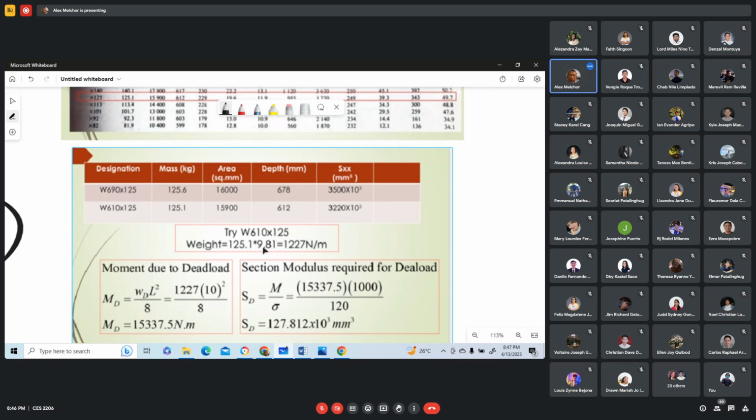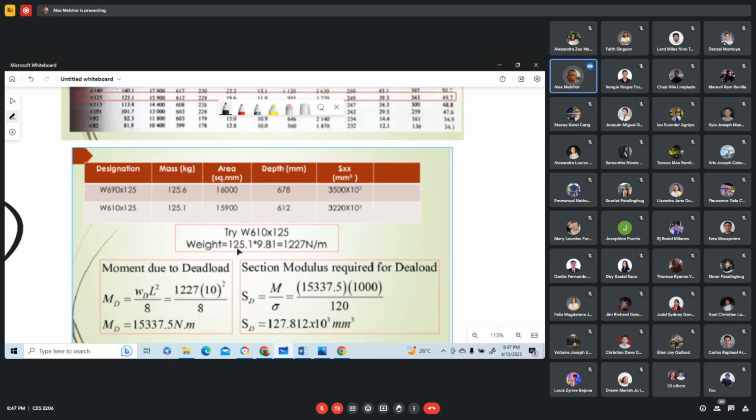Okay. So it gives us 1,227 newtons per meter. And with this, this is considered as uniformly distributed load all throughout the length of the beam because it's the weight of the beam, the weight of that chosen designation, W16 by 125.